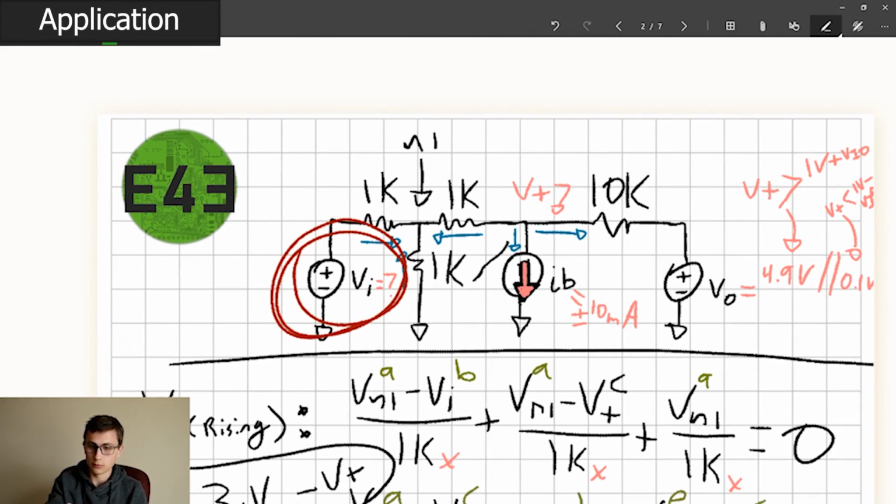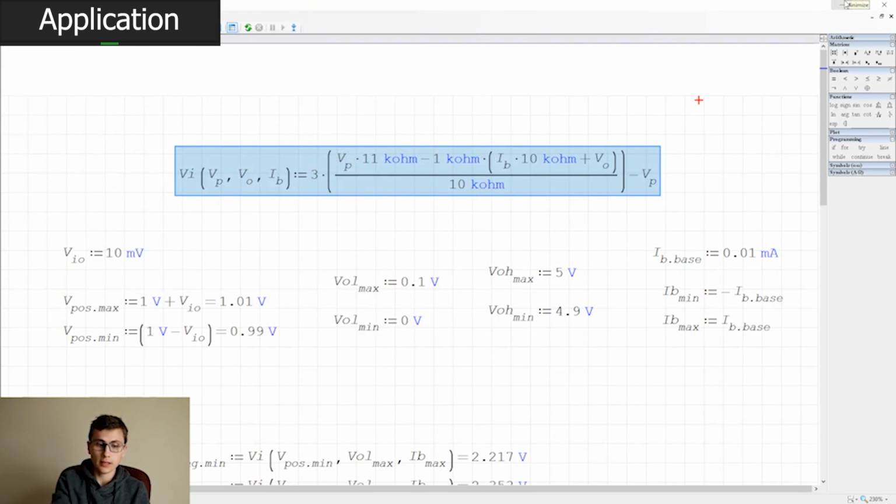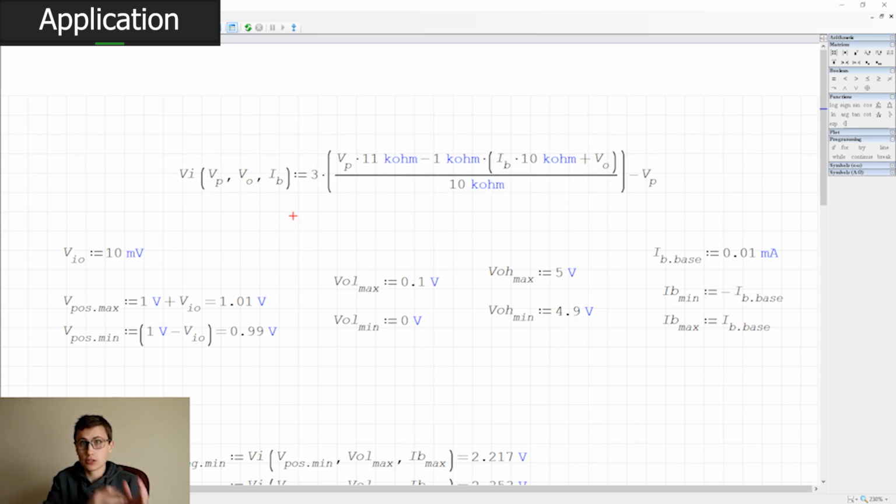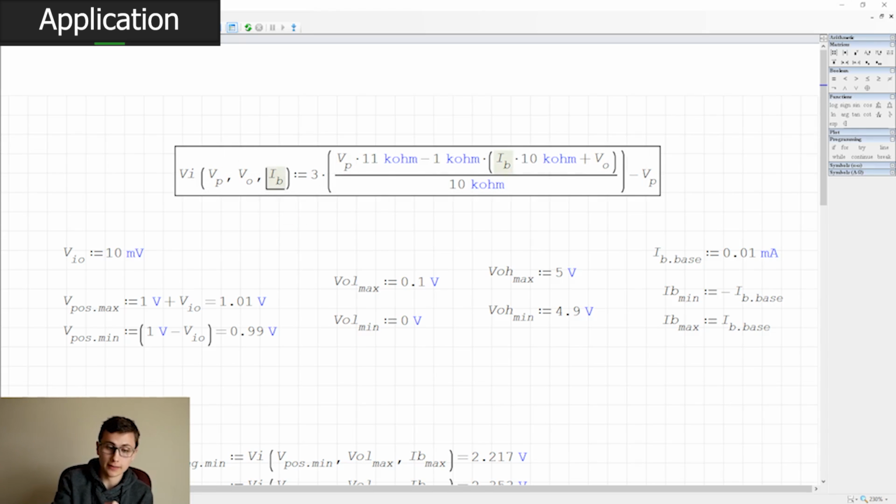That's what we're solving for. That is the trip voltage on the input as a function of the positive input, the voltage at the positive input of our op-amp, comparator, symbol is the same, function is very, very different. The output voltage, which is V_OH or V_OL, depending on the state, and then the input bias current.